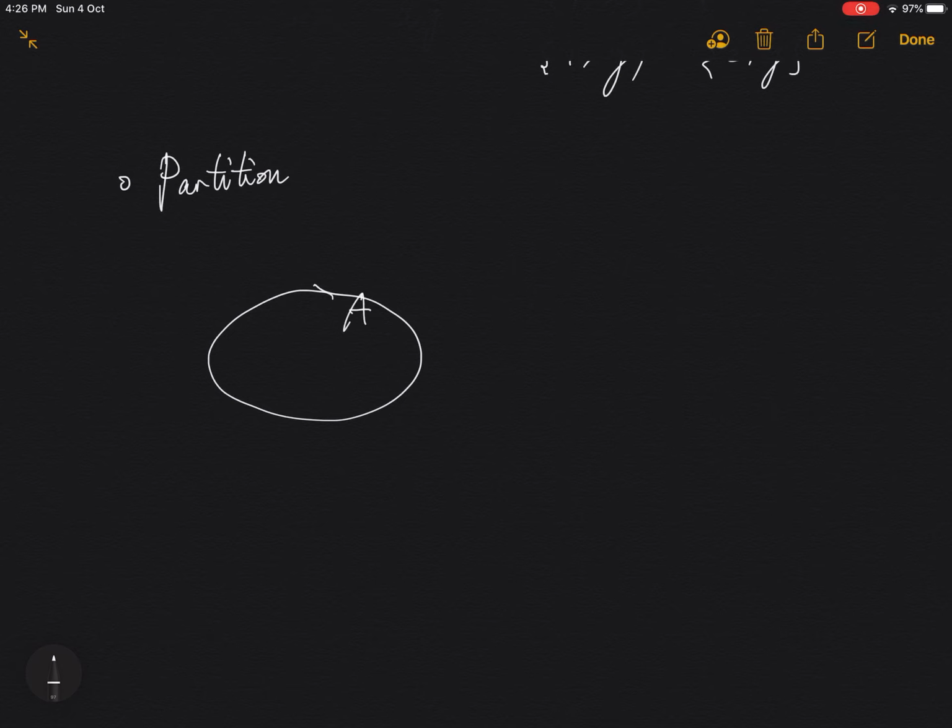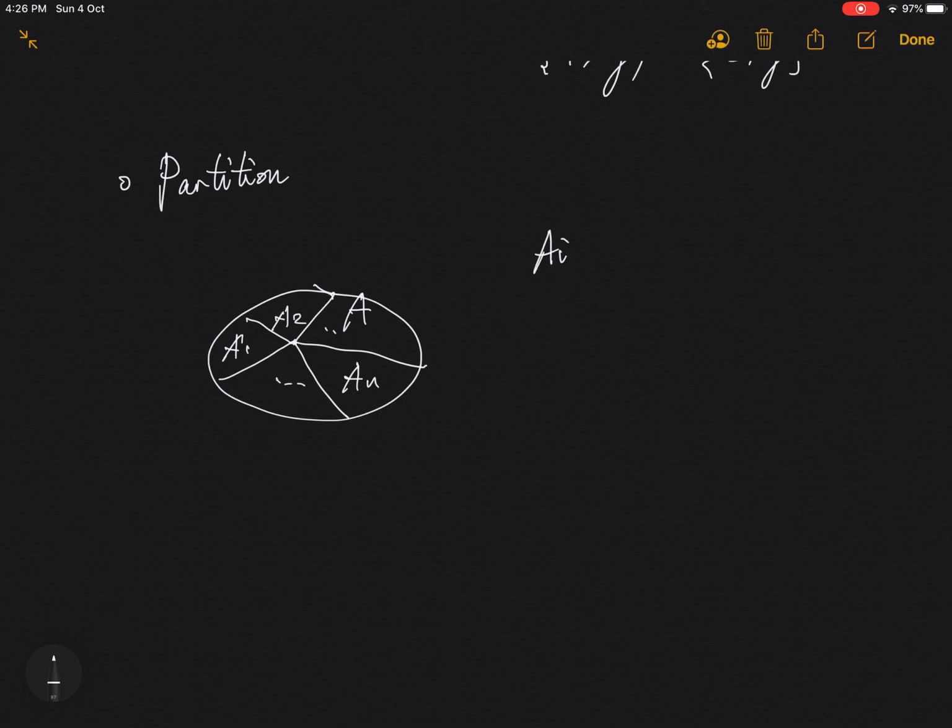Okay, and then we come to the partition. The definition of partition is that we have a universe A, and then we divide A into several parts, and then all the parts A1, A2, ..., An, all these parts are mutually disjoint.